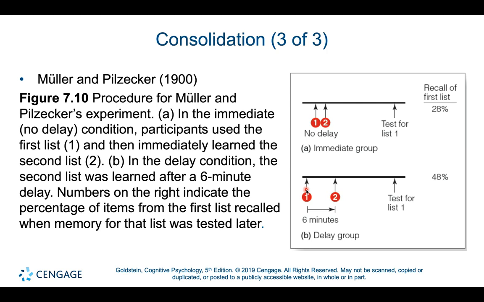What you should do is study a section of a chapter and then take a 5-minute break, and then study the next section, and then take a 5-minute break, and then study the next section, and then take a 5-minute break. Because these 5-minute breaks between sections of the textbook are going to allow your brain the time to consolidate those memories, and you will have better performance.